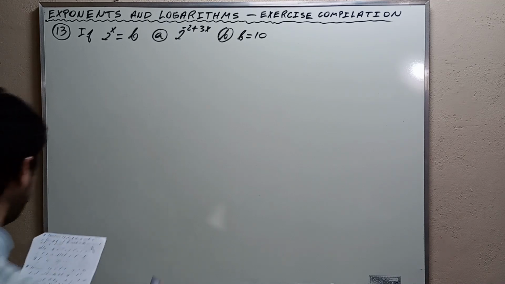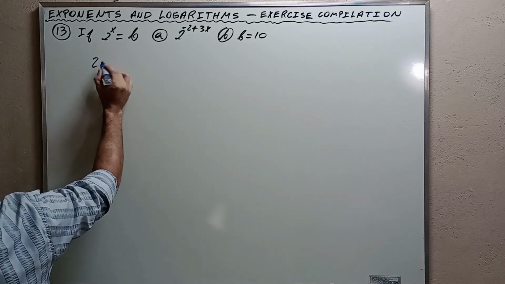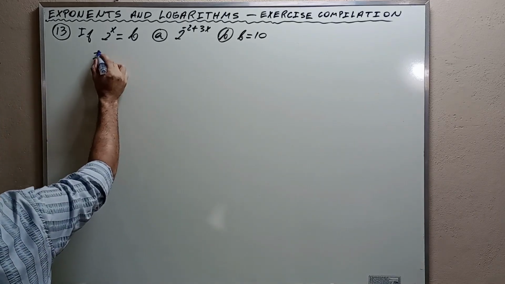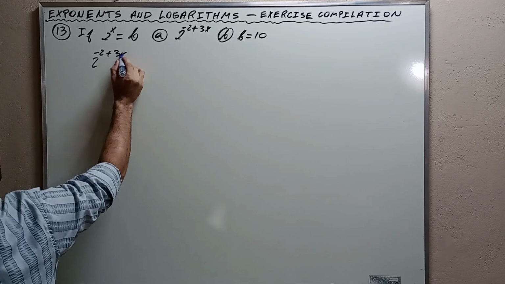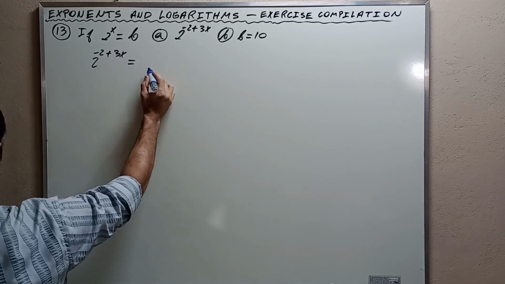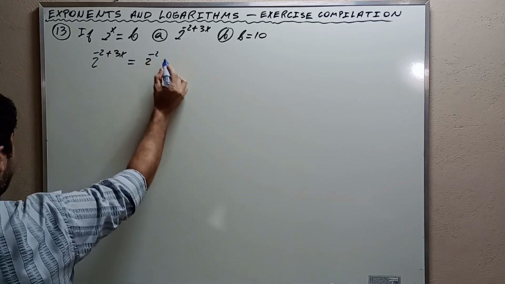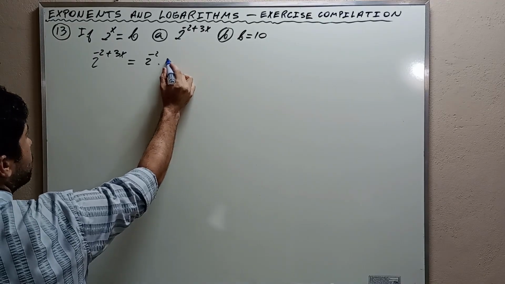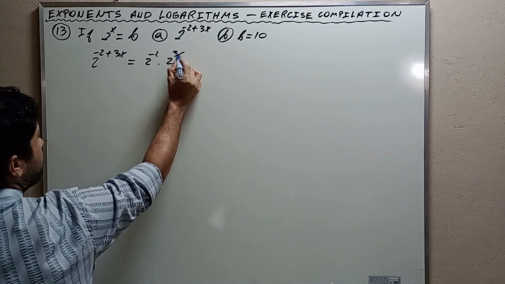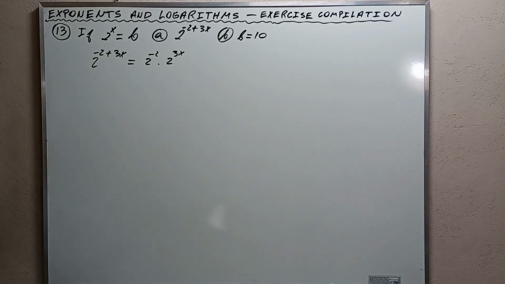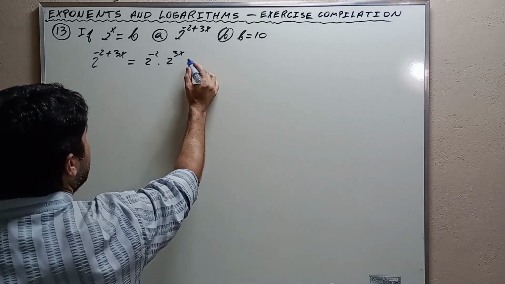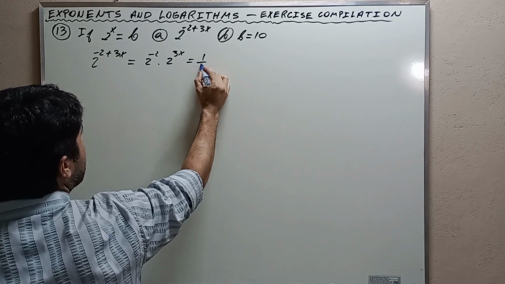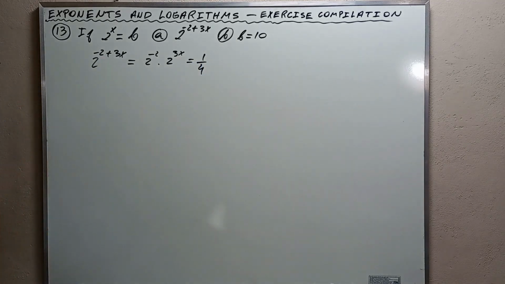Observe that 2 raised to the power of negative 2 plus 3x is equal to 2 to the negative 2 times 2 raised to the power of 3x. Okay? And 2 raised to the power of negative 2 is equal to a fourth.